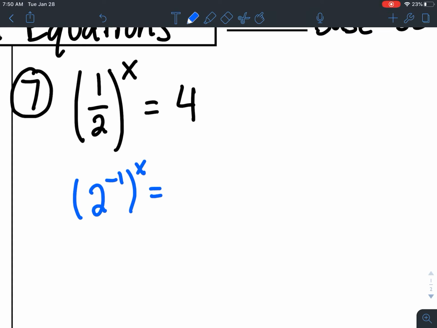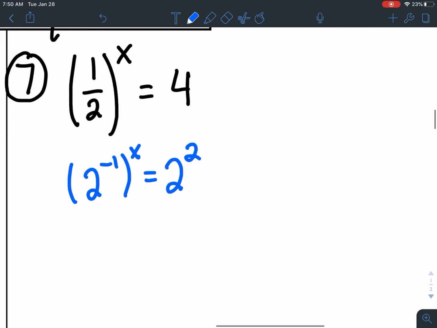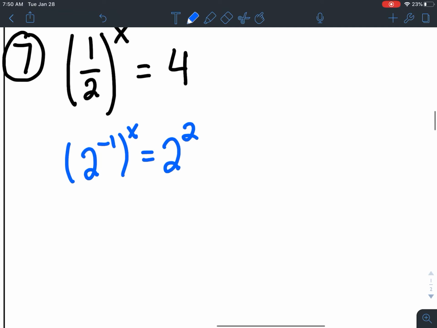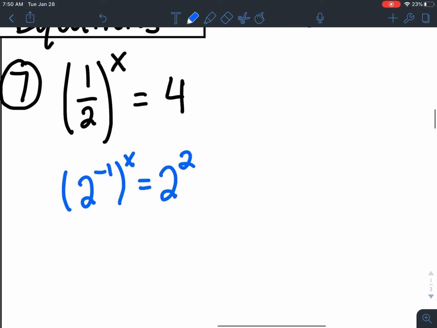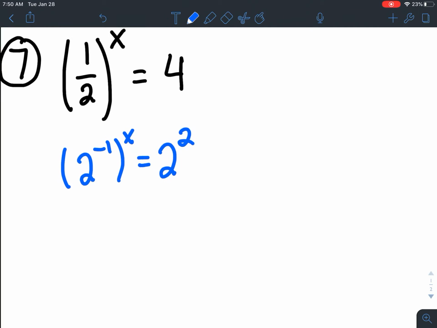So looking at that, my base is positive 2, and I'm going to rewrite my right side as a base of 2 as well. 4 is 2 squared. So from here, it's the same. Once you remember that negative exponent, it is identical to box 3. I'm just rewriting both sides so that they have the same base, then setting the exponents equal to each other and solving.